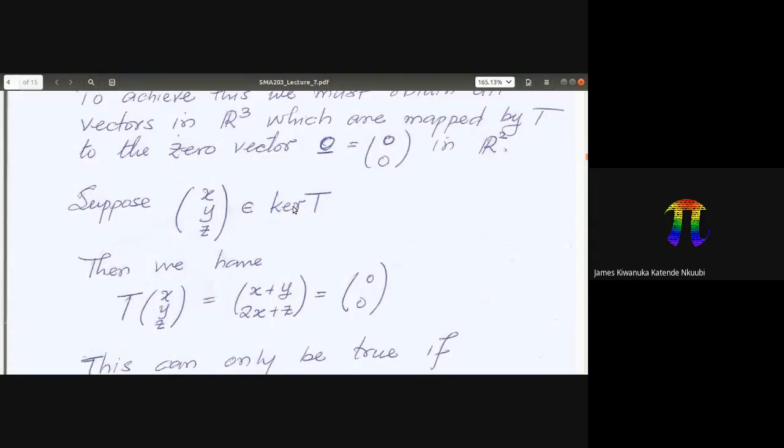So let's pick any vector in the kernel. If a vector is in the kernel, it must be mapped onto the 0 vector. That is just by definition.